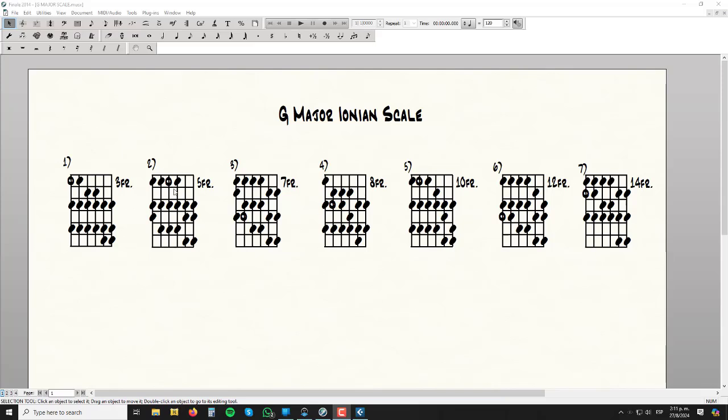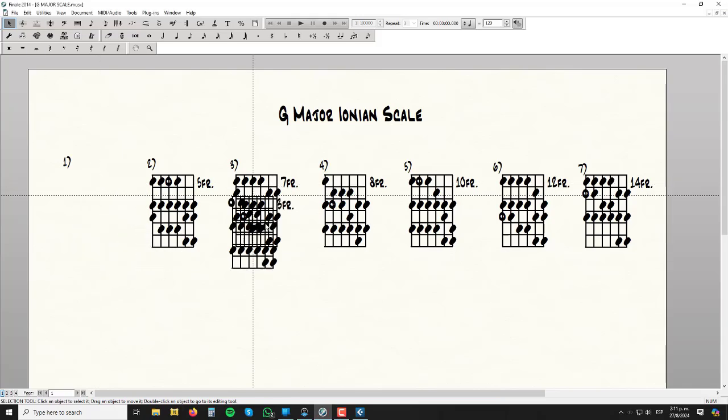The only thing needed to transform this major scale into a Dorian scale is to move this.